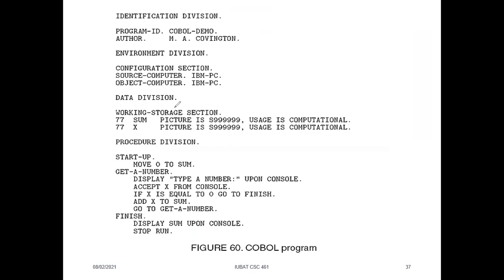To go over them one by one: in the identification division, we store the identity of the program, the metadata about the program. In the environment division, we store the environment, the source computer, the object computer, the compiler settings, the RAM and every other piece of information related to the device. In the data division, we actually store the data, and in the procedure division, we store different functions.